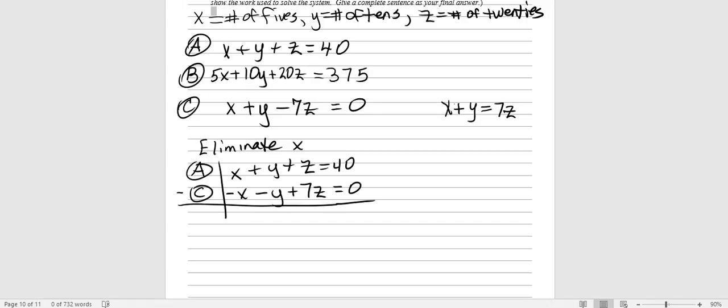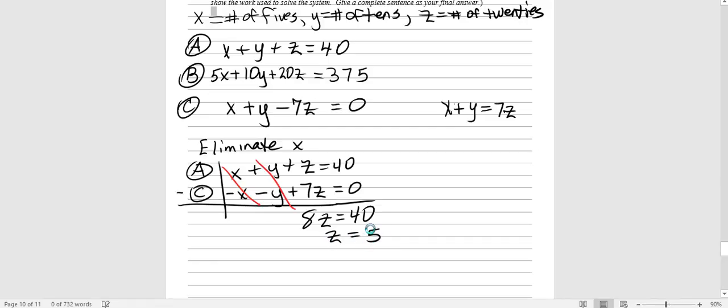And I add. And notice I not only eliminate the x's, but I also eliminate the y. And I get 8z equals 40. If I divide both sides by 8, z is 5. So now I have z.